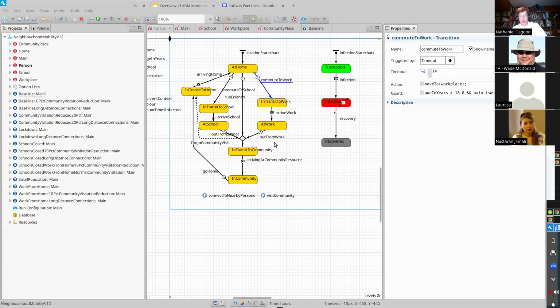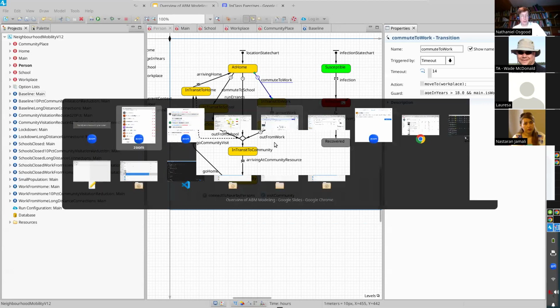But we're going to be going back and forth with the model that we built this morning. So if you've shut down AnyLogic, please bring it up again, and it should reopen that model and have it right there for you. So you could explore it as will be my want in the coming lecture here. So we're going to go back and forth between this model and the slides. Okay.